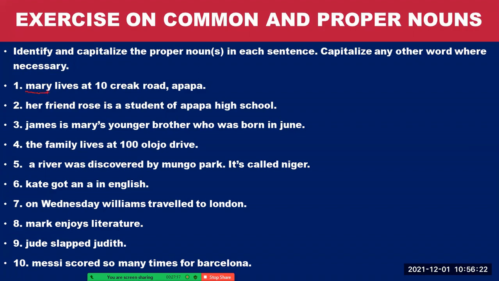So Mary is a proper noun and should be capitalized. One, a proper noun must be capitalized. And then secondly, Mary is the first word in this sentence. So you can see. Then 10 Creek Road is the name of a particular street.